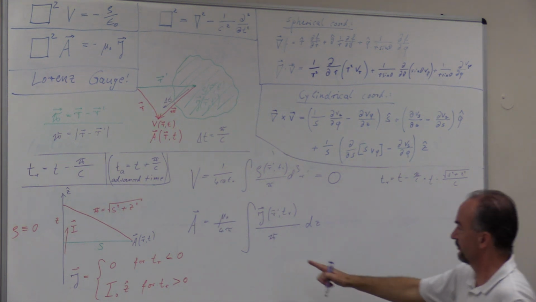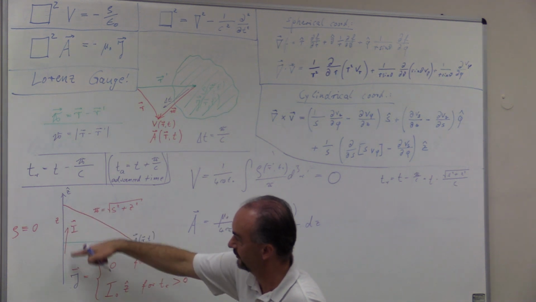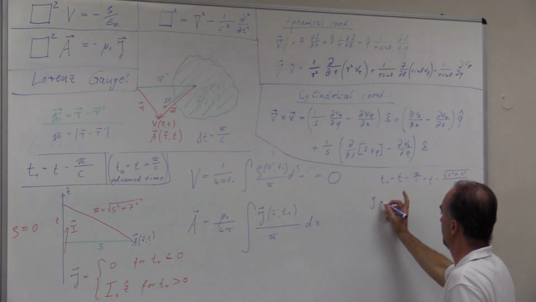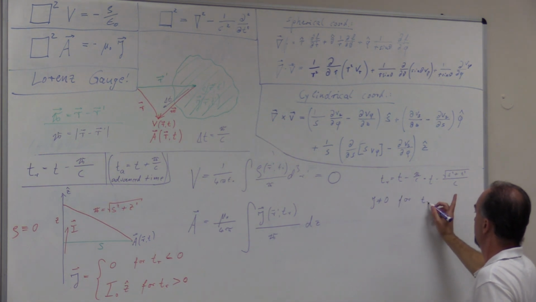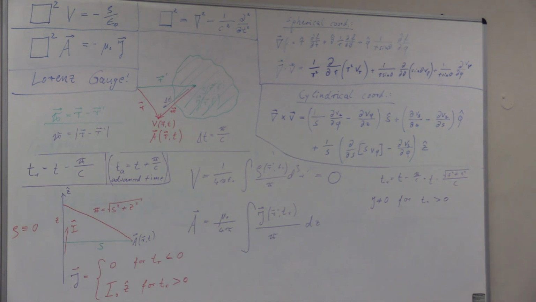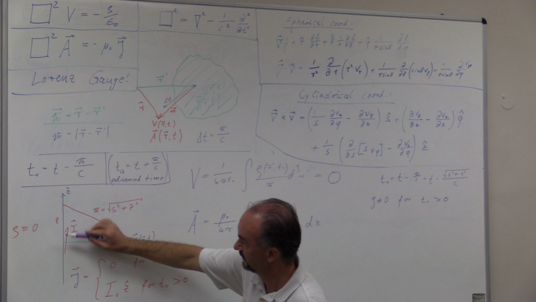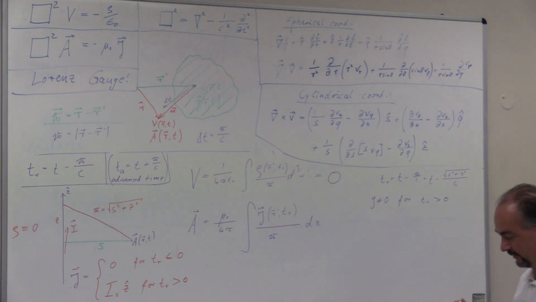And so the integration gives us I naught, so something not 0, only for J not equal to 0, for well, t_r greater than 0. Right? So the integral goes only over the part along z where we see the current switch on.